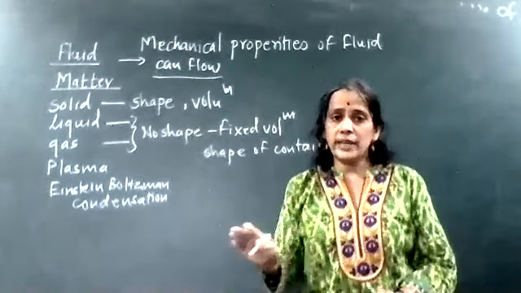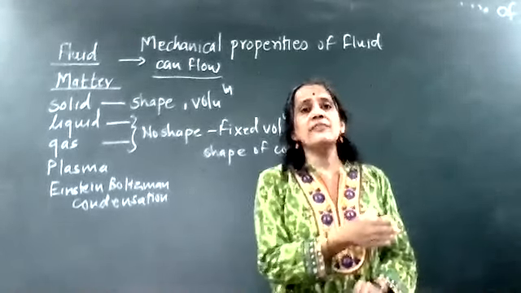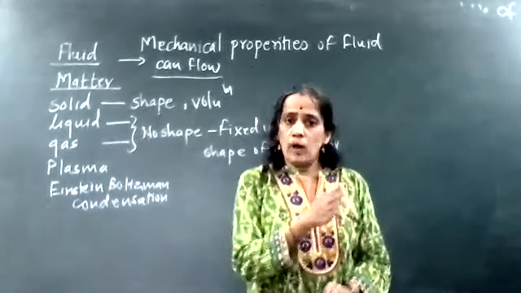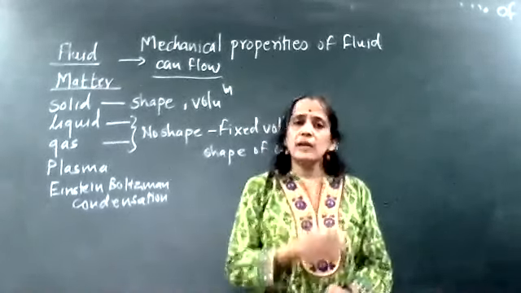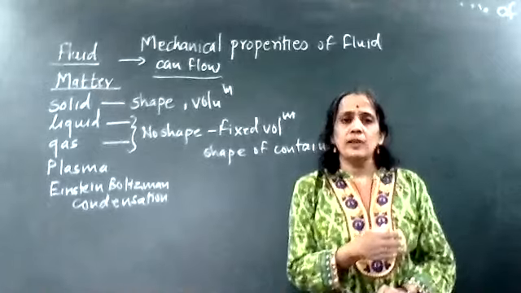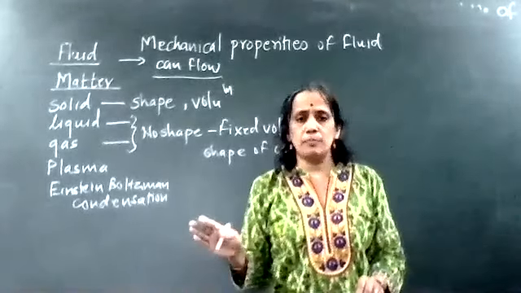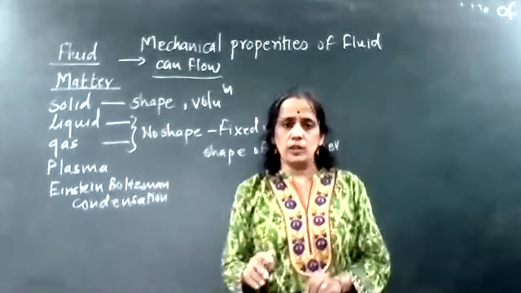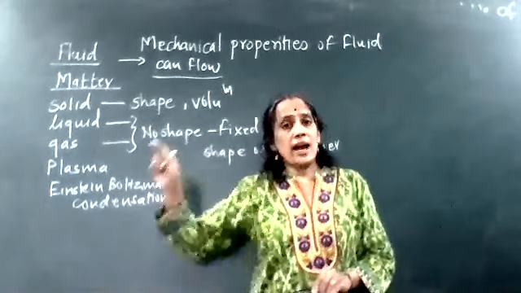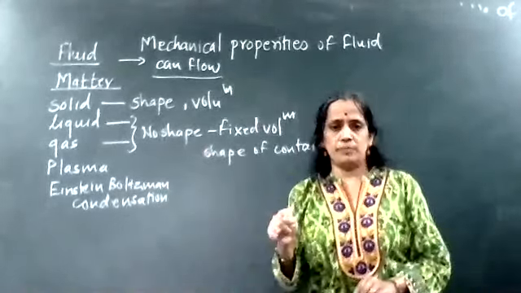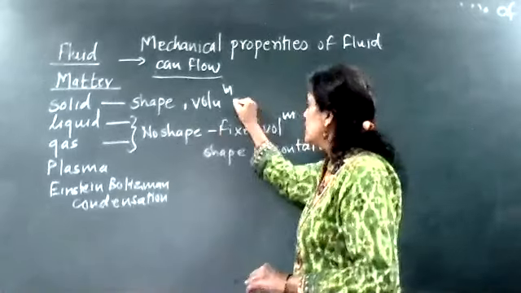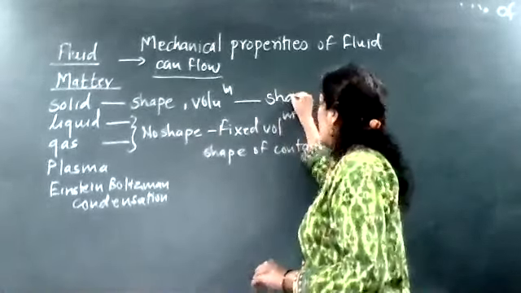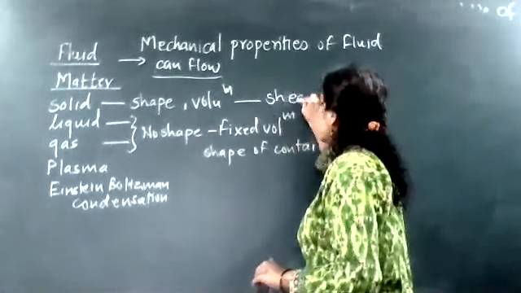So as a solid cannot flow, that's why it has a definite shape. While liquid, gas and plasma can flow, therefore they don't have any shape. They have only volume.